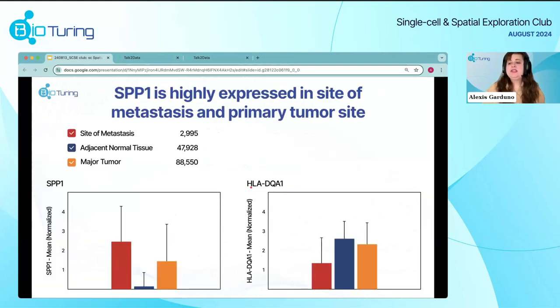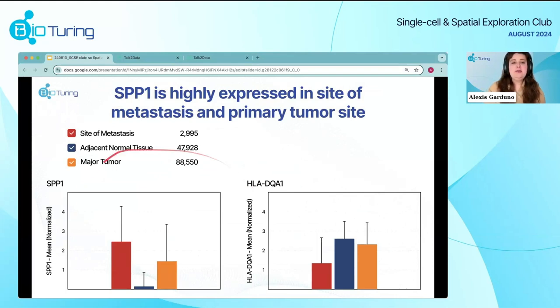The first analysis that we can see, when we're creating specific markers and generating different visualization tools, as well as being able to map other metadata associated with those studies, is that we can compare the SPP1 and the HLA-DQA1 expression across different tissue samples as relevant to the distinct spatial distribution patterns as well.